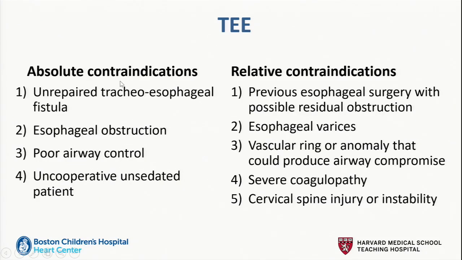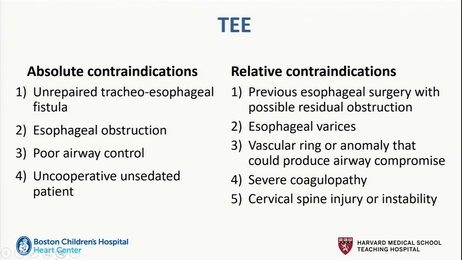So I've listed here absolute contraindications and relative contraindications. Absolute, unrepaired tracheoesophageal fistula, generally considered an absolute contraindication. Esophageal obstruction, again, it's a transesophageal probe. It's got to go down the esophagus, past the obstruction. So that would be considered a contraindication.